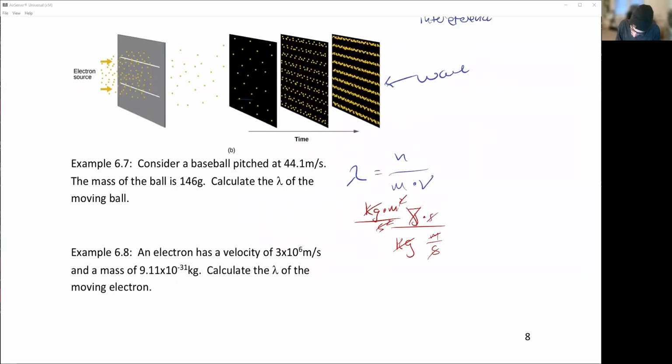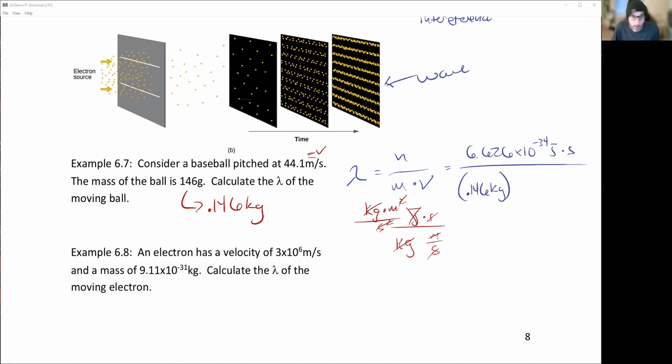So the mass is 0.146 kilograms, and the velocity is good at 44.1. Let's just plug these in. 6.626 times 10 to the negative 34 joule seconds over the mass of 0.146 kilograms times the velocity of 44.1 meters per second.